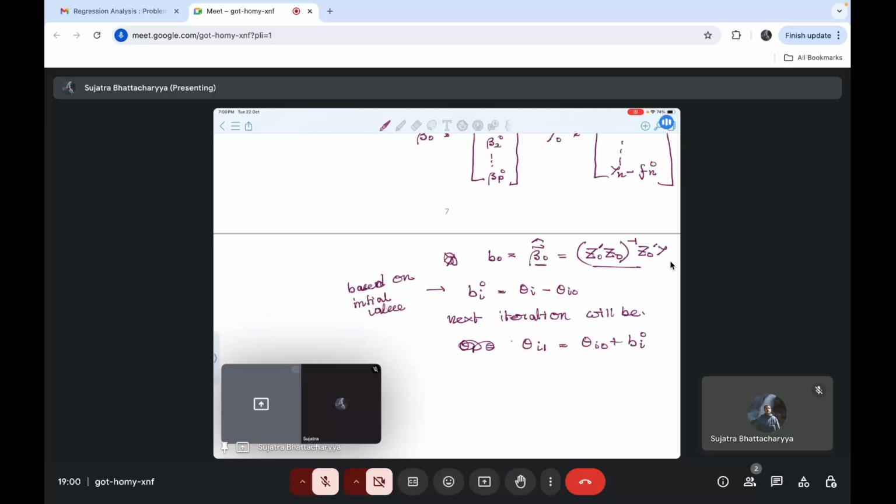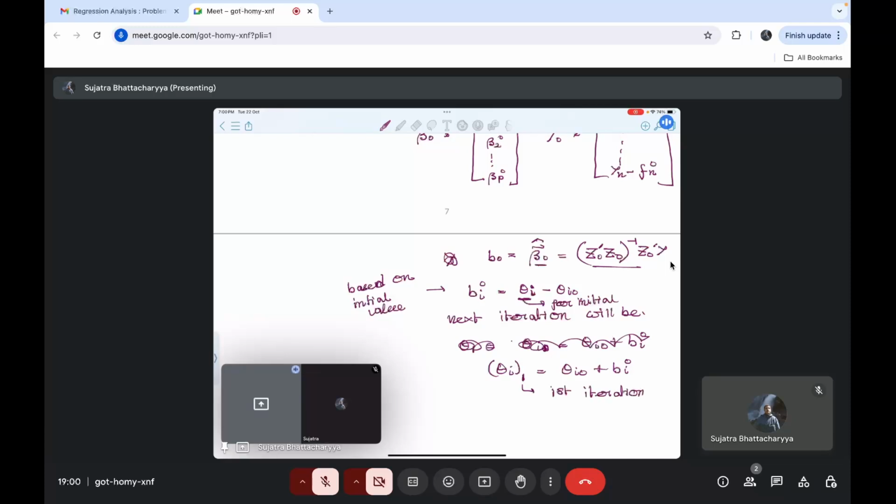Okay, so this is what you have. This is the ith parameter, but this is the zeroth, for the initial values, and this is for the first iteration. Remember, don't write like this. Let's write like this: theta i of 1 is theta i 0 plus b i 0. This one is for the first iteration.